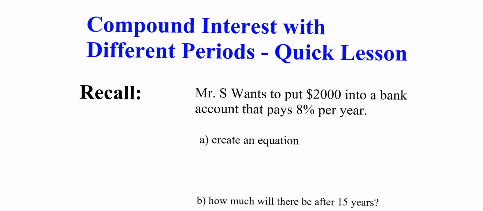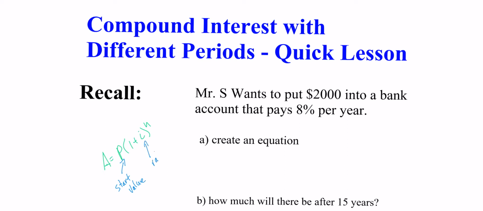Since our last test, we've been working with simple interest and compound interest. Now, what I'd like you to recall is the following. If I have A = P(1 + i)^n, P here is our start value, also known as the present value.